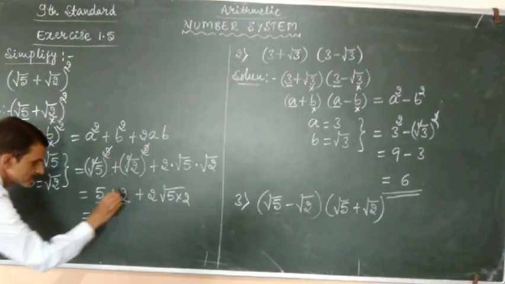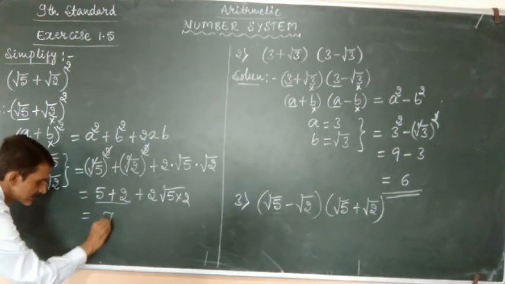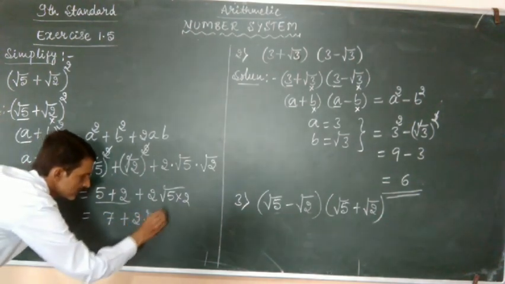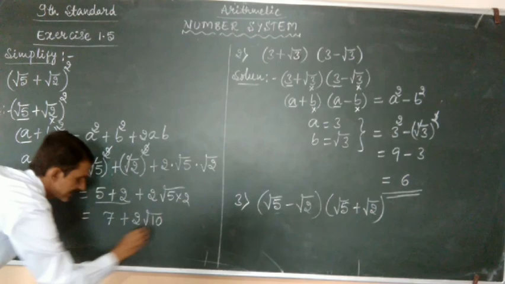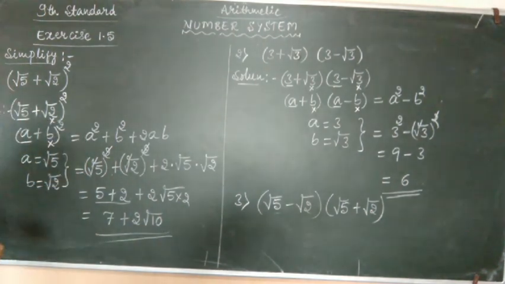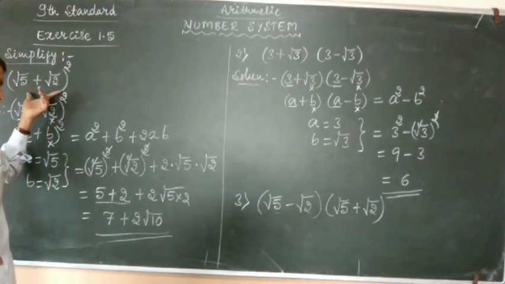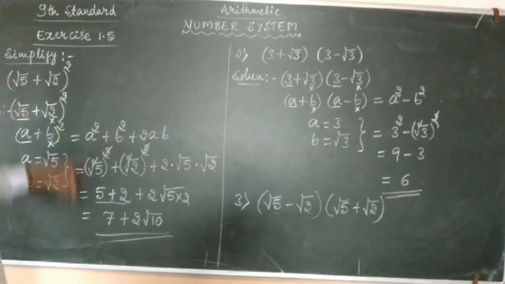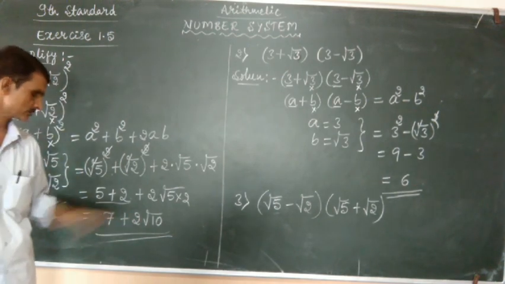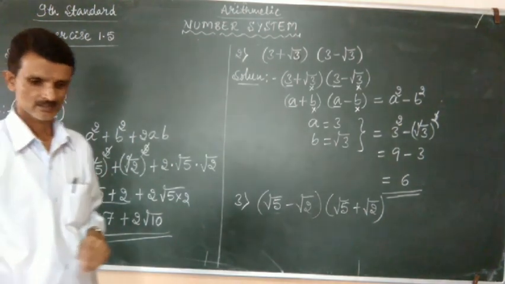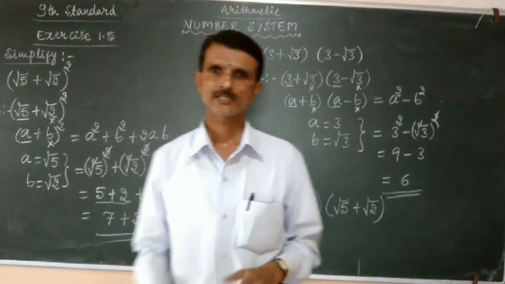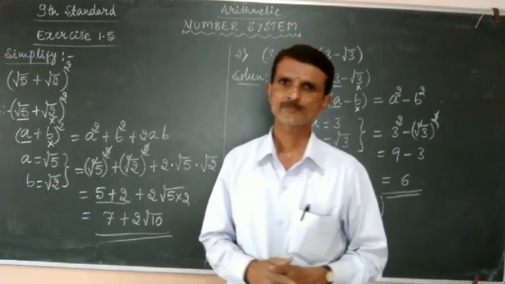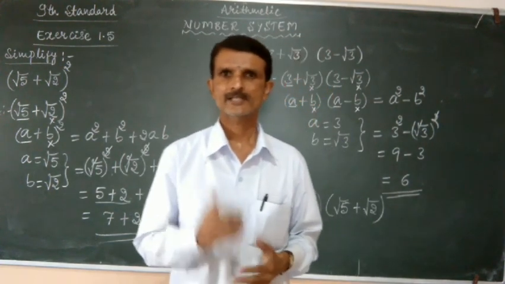So 5 plus 2, these two are rational numbers, 7 plus 2 root 10. So the simplified form of root 5 plus root 2 whole square is 7 plus 2 root 10. Okay students, I think you have understood how to simplify the problems. So we will see in the next class.